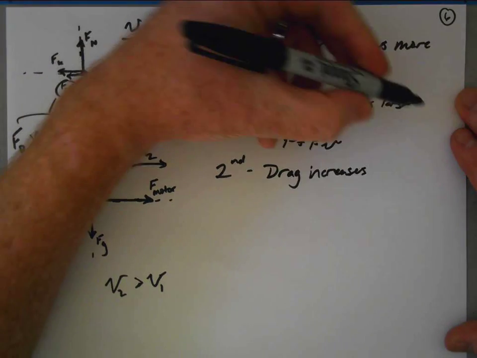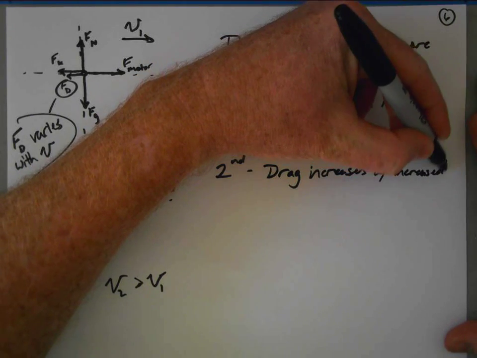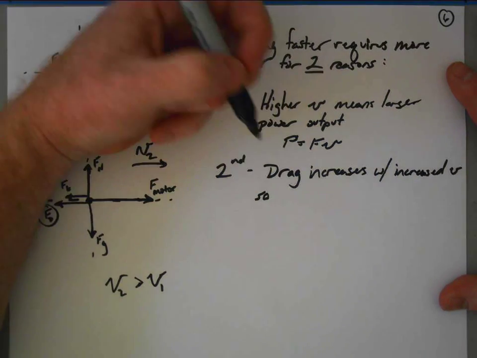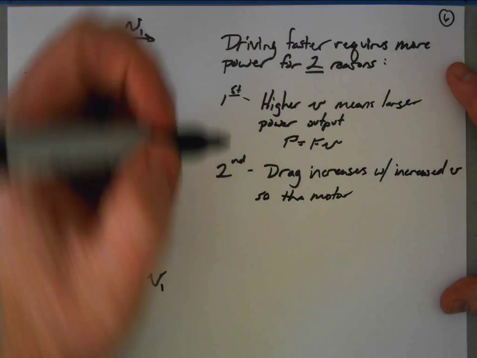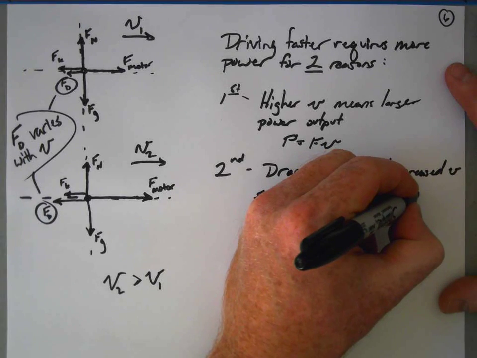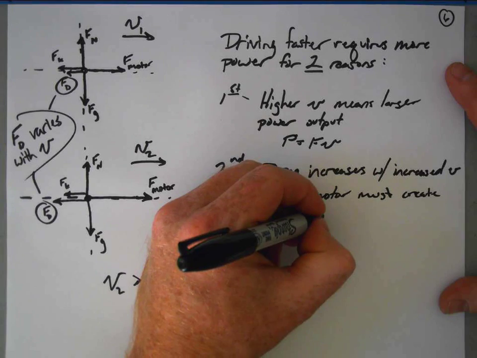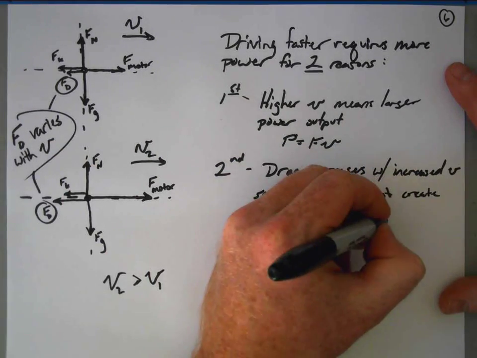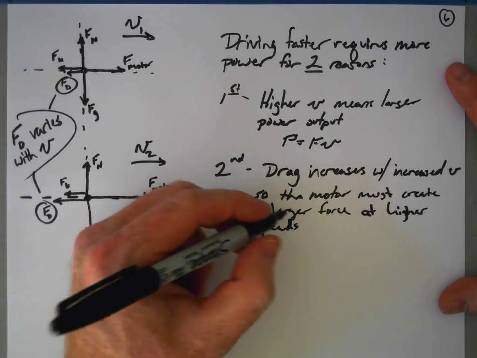Drag increases with increased velocity. So the motor must create a larger force to overcome that drag at higher speeds.